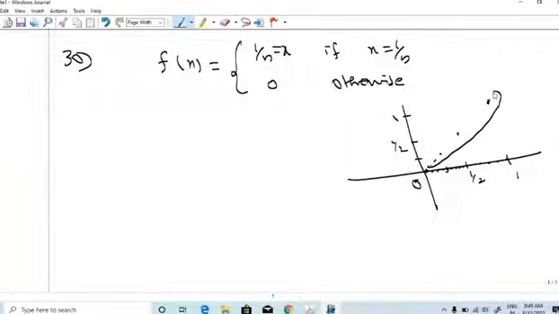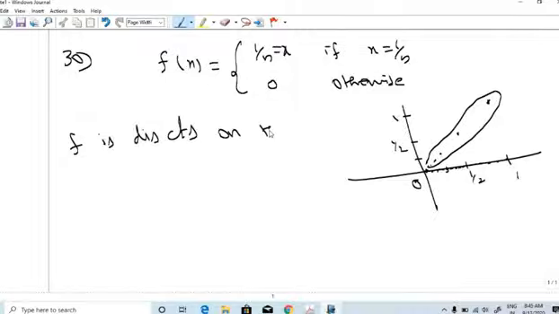Therefore, how many points do we have? We have countably many points at which f is discontinuous. So f is discontinuous on the points 1/n, such that n is in N. Since it is countable, we know that the function is Riemann integrable.